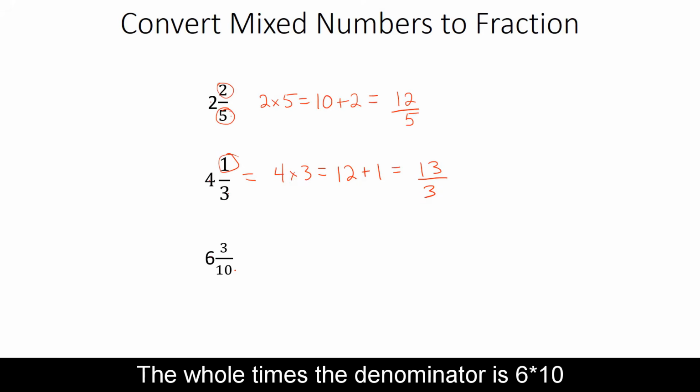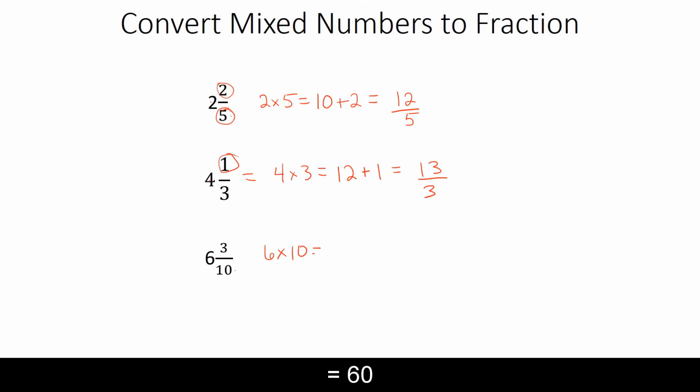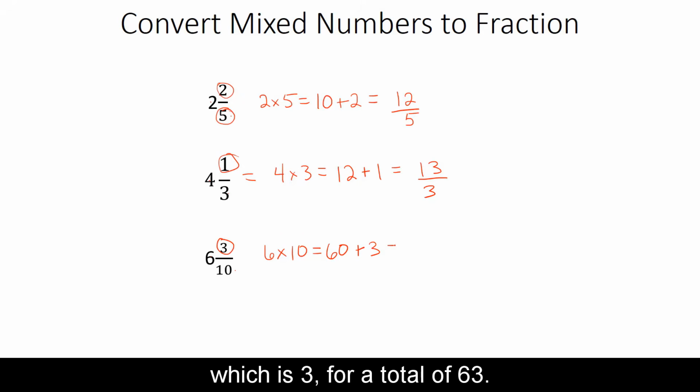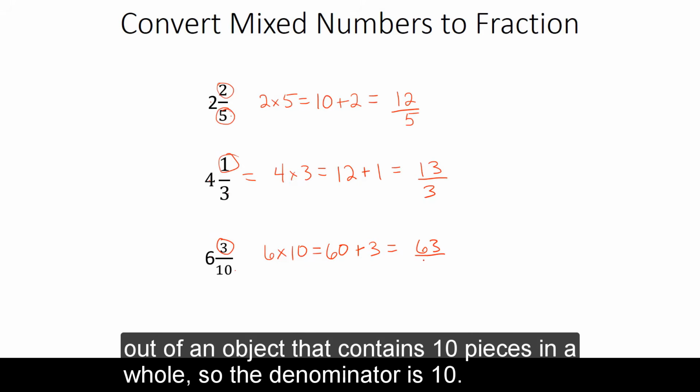The whole times the denominator, 6 times 10 is 60. We add the numerator, which is 3, for a total of 63, out of an object that contains 10 pieces in a whole, so the denominator is 10.